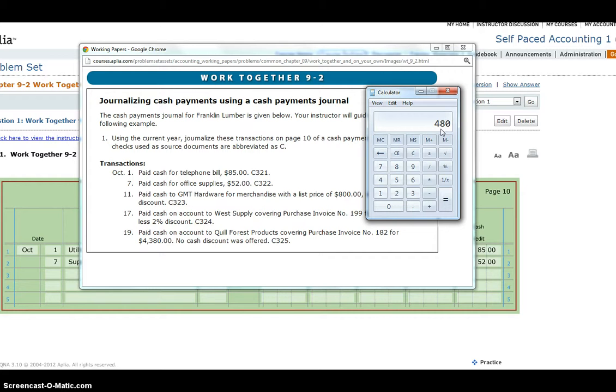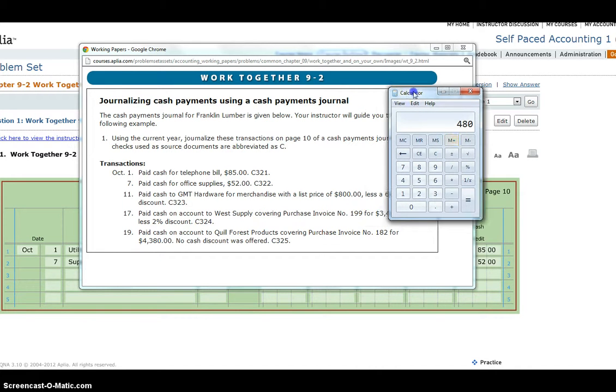Now you see these discounts all the time. You would actually go to the store and you might buy one, get one free, or you might buy something at 75% off. That's a trade discount. There's no need to record anything else other than the actual price. So this $480 right here equals how much of a discount we have.